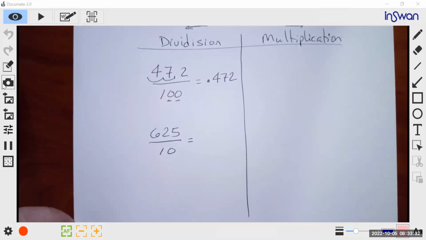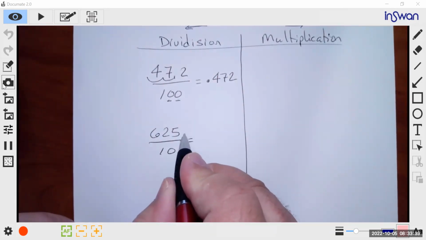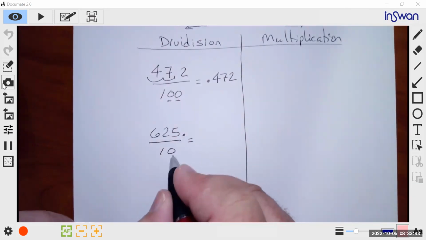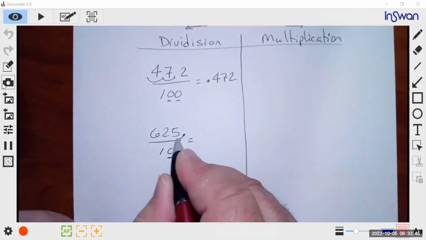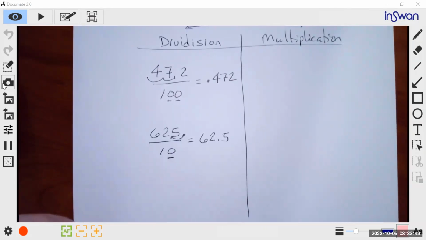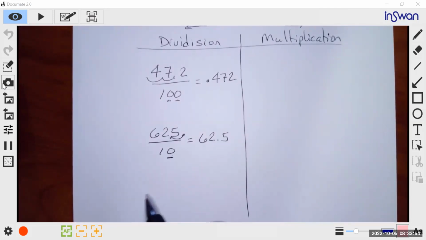What's that one going to be? Where's the decimal now? It's after the last non-zero number. So since I'm dividing, I move it one space to the left. So it's 62.5. Each zero is another decimal space.